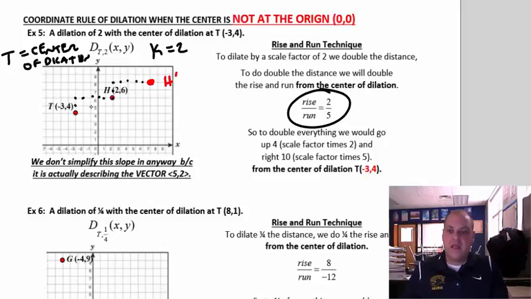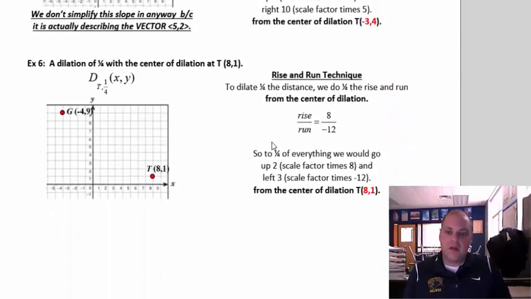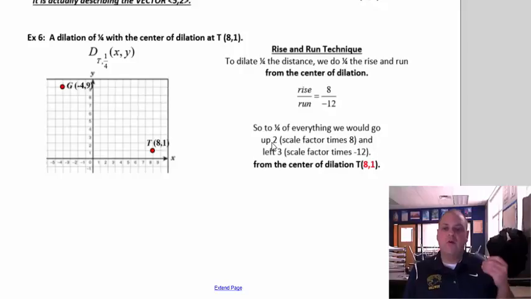Okay, and you could tell that we doubled that length. It was originally TH, and now it's TH prime. Okay, so we have doubled, and that's that. All right, so now this one here, we want to do a 1/4 about point T. Okay, so T to G, we want to do the rise first, sorry.